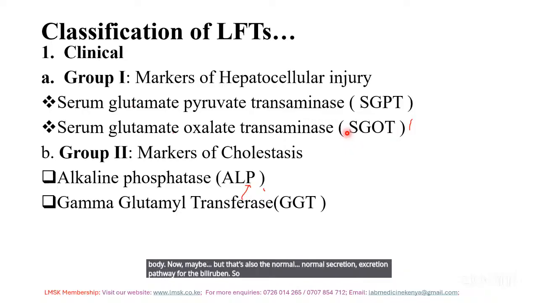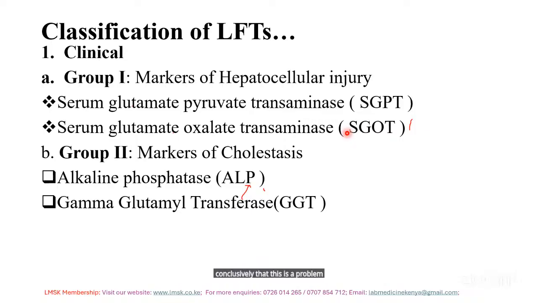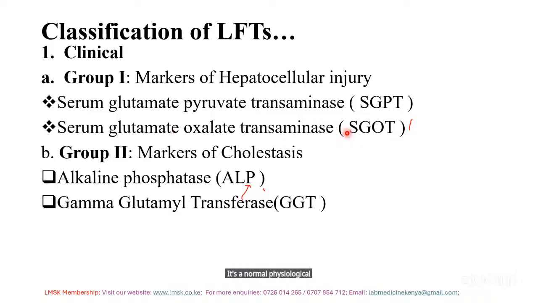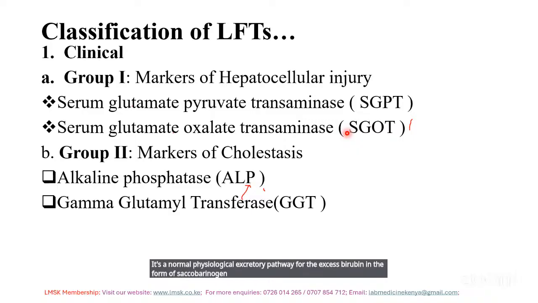So you don't want to report conclusively that this is a problem with the liver. You might want to correlate with the liver function enzymes, especially the bilirubin themselves, and then confirm that it's not a problem. Otherwise, it's a normal physiological excretory pathway for the excess bilirubin in form of stercobilinogen in the stool.